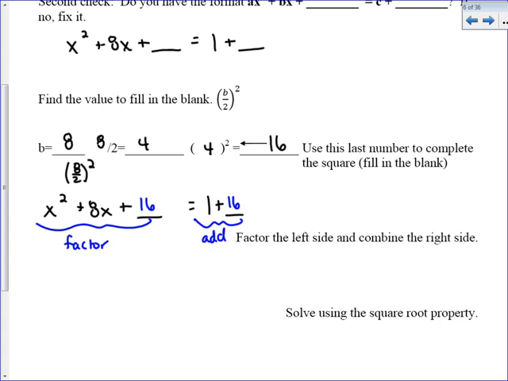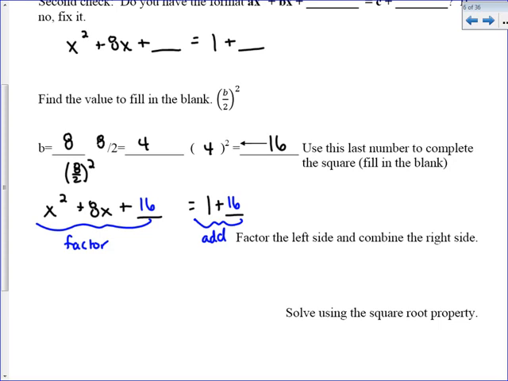The nice thing is, since we will always make sure a equals 1 before we start, you can always use the shortcut. So I'm looking for two numbers that multiply to 16, add to 8. 4 and 4. And they should always be the same. If they're not the same, you didn't complete the square.